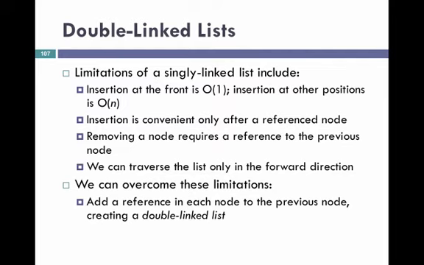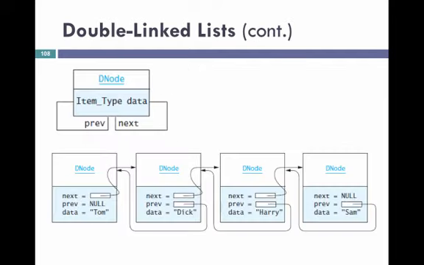So this will create a doubly linked list. Here's a picture of a doubly linked list. We'll have a DNode for a double node, and notice it's the same as our node has been, except now we have another field called previous that's of type node pointer.